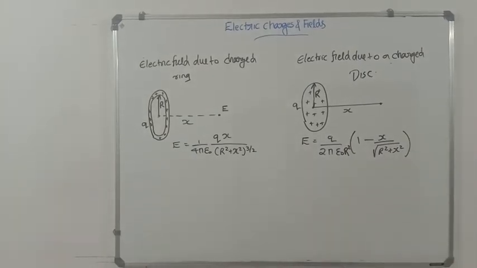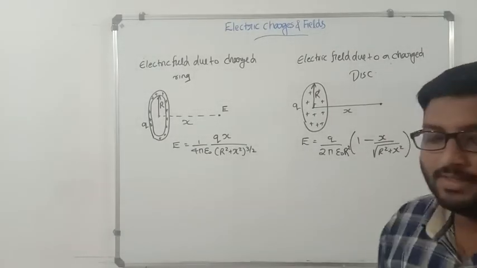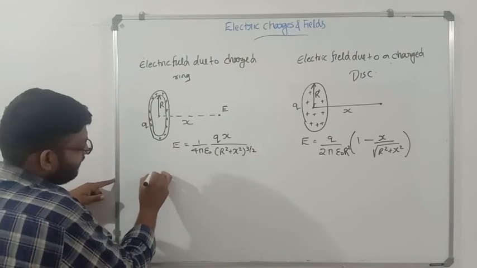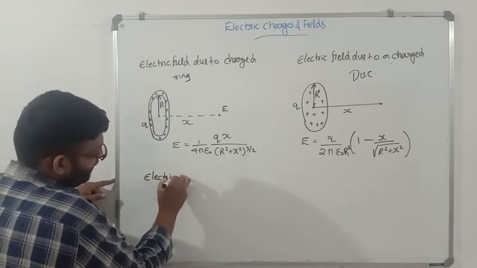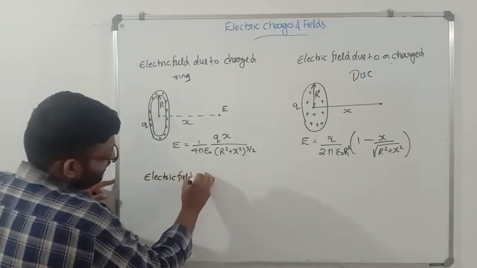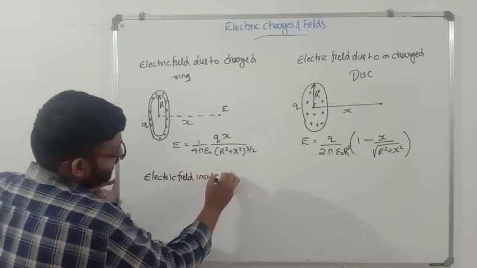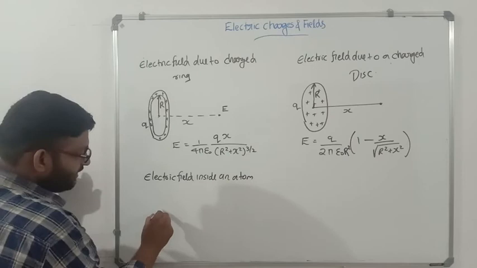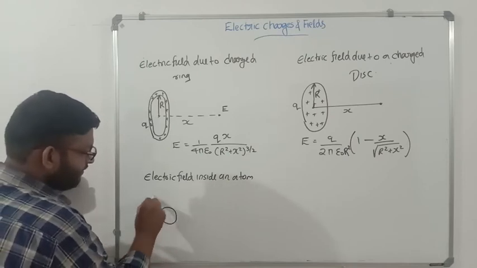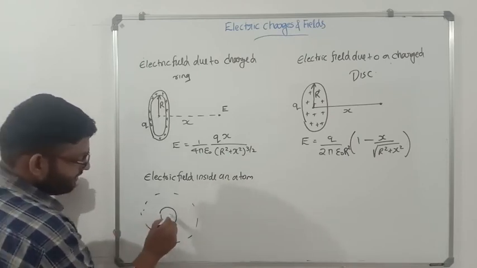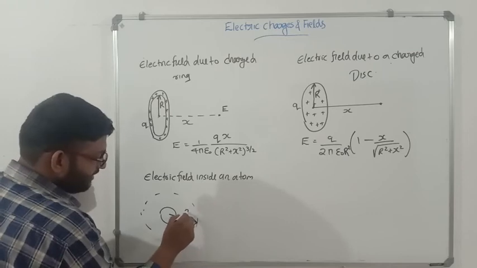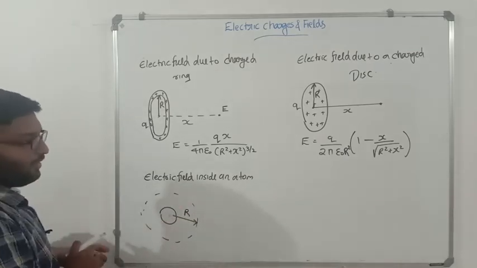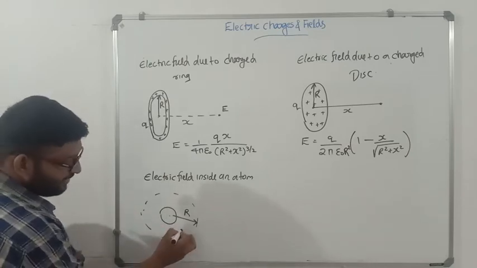Okay, my dear students. So we need one more formula, that is electric field inside an atom. Suppose you select an atom whose radius is given as R. In this atom, you select a point.